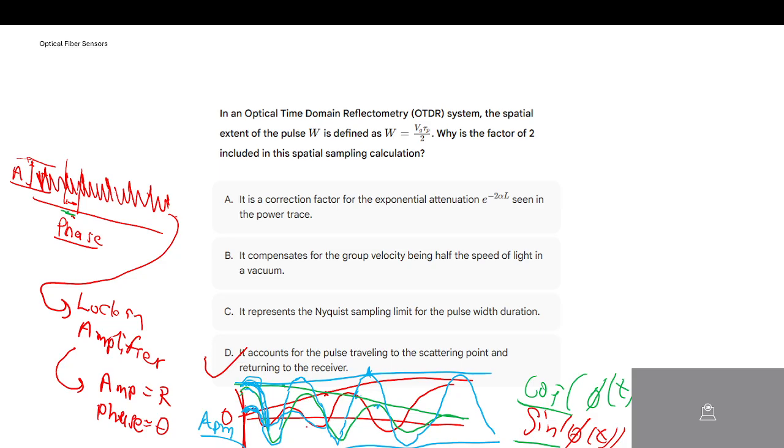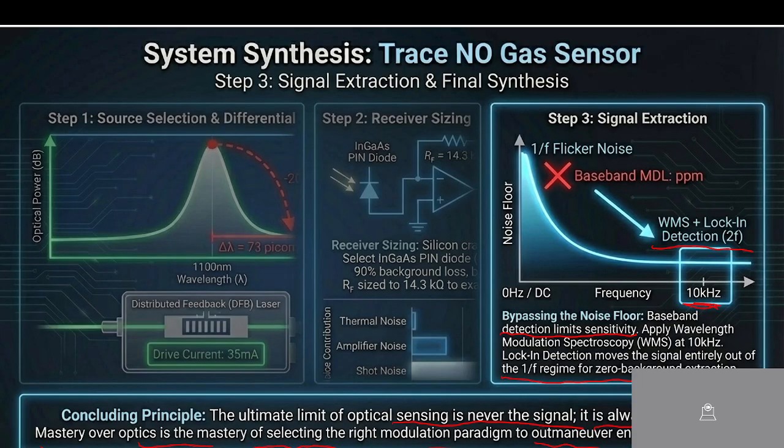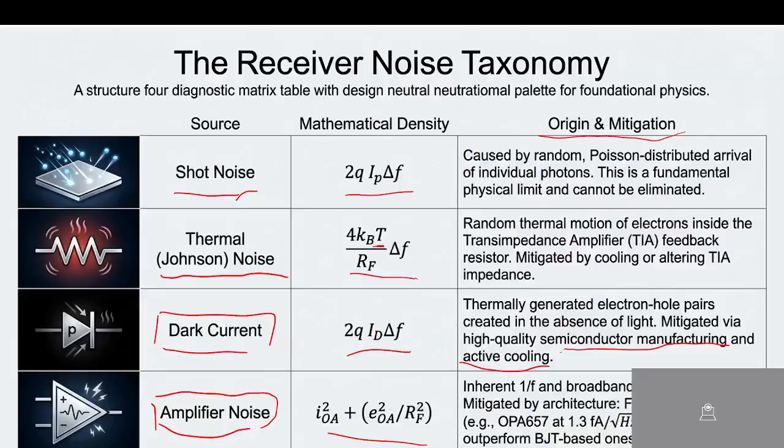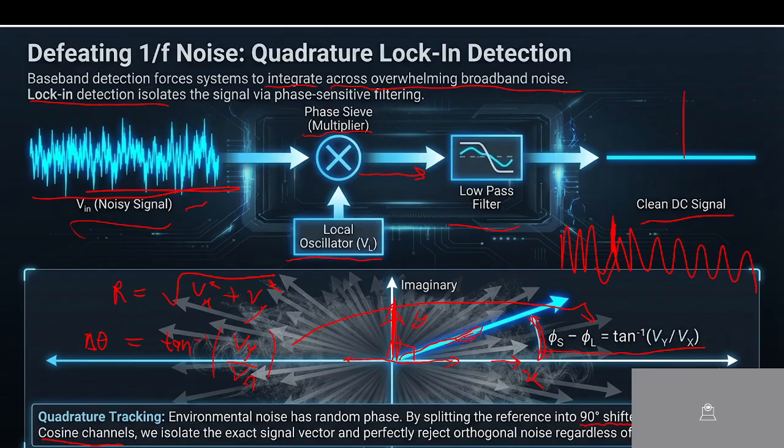Understood what I'm saying? That's why we need the lock-in amplifier, which is quadrature based. So we need to calculate everywhere, and wherever the maximum is coming, that one we need to consider. Are you understanding what I'm saying?